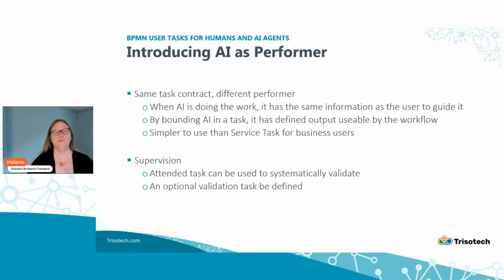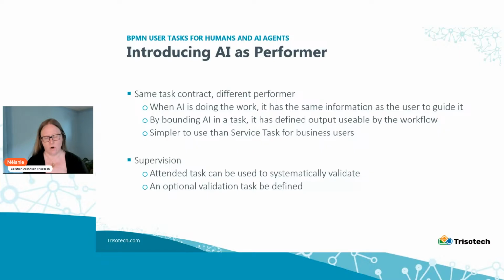Now, if we introduce AI as a performer instead of a human, we put it in the same context. So it has the same contract as the human had. It will know the description of the task, what should be done. It will have defined inputs and defined outputs. So it can still be used within the rest of the flow.